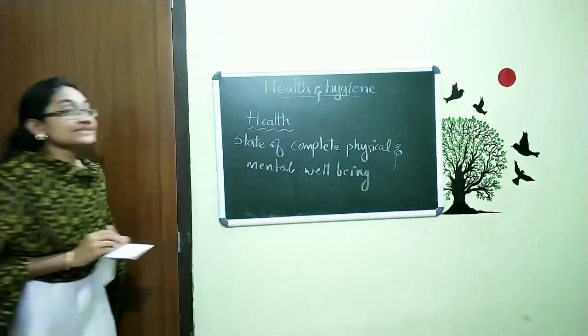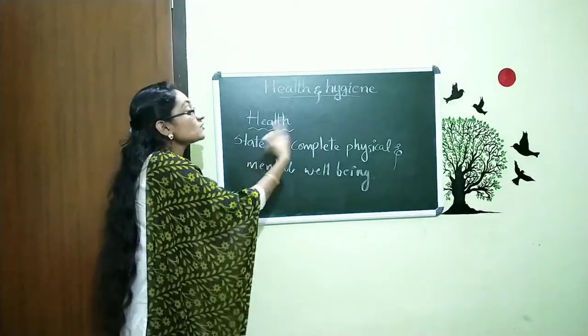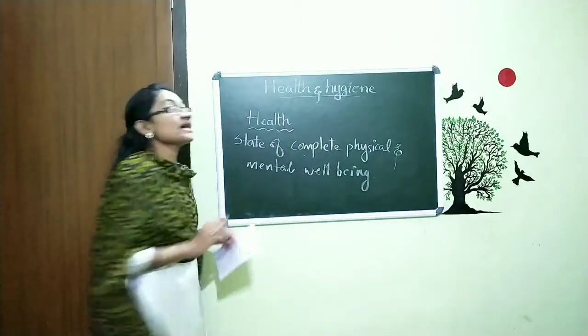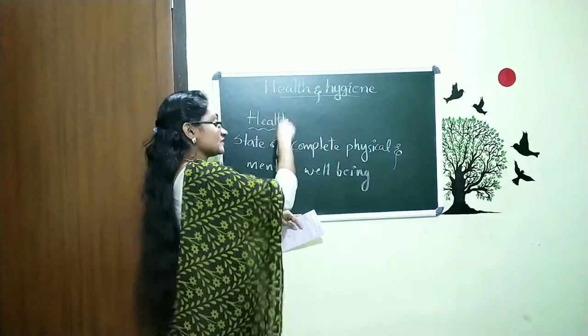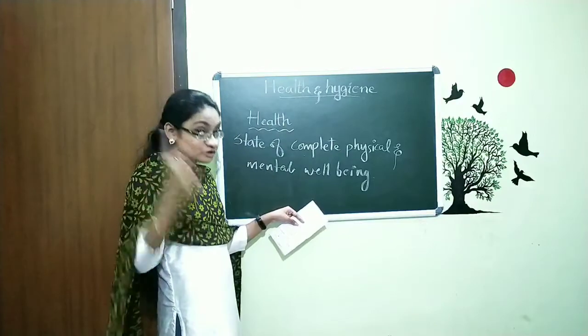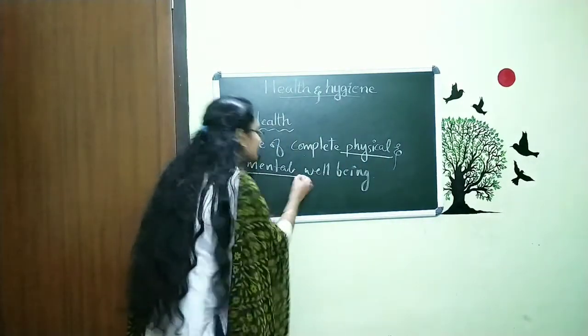So this is the definition for health. Health is a state of complete physical and mental well-being. That is, in the definition of health, we are talking about two things: the physical and mental well-being.